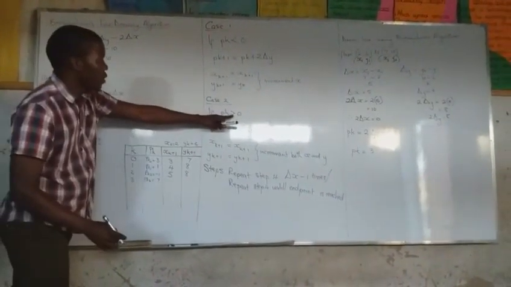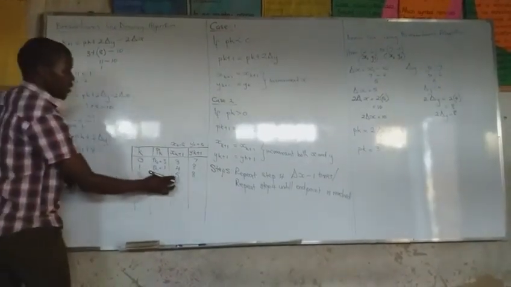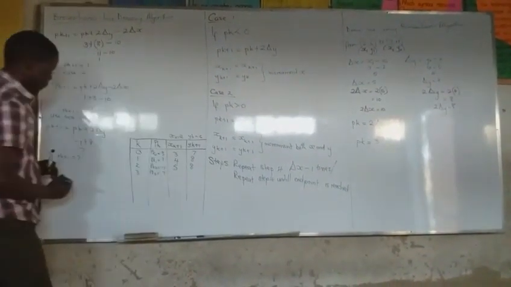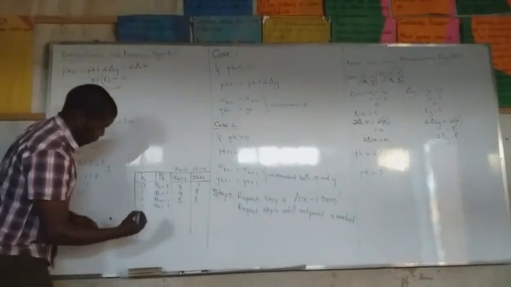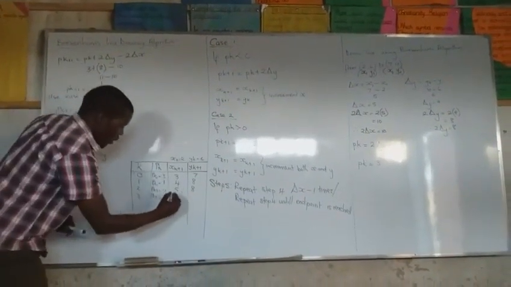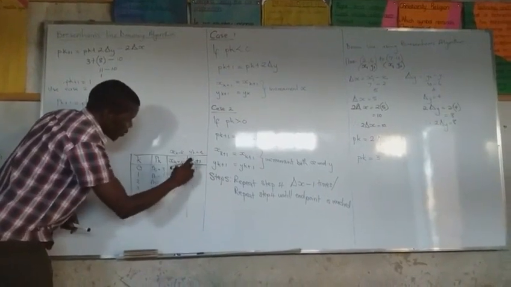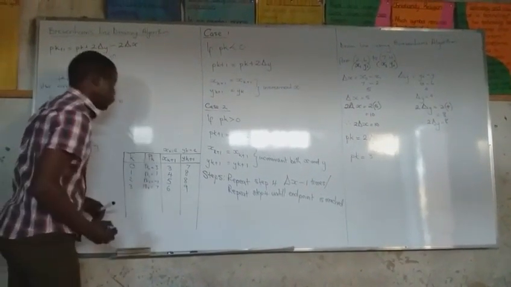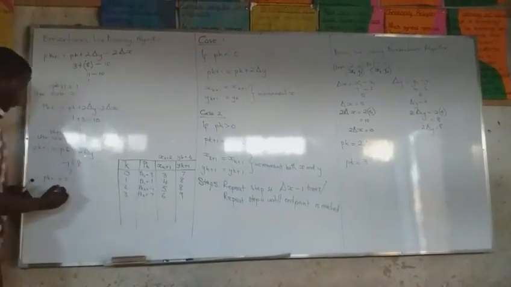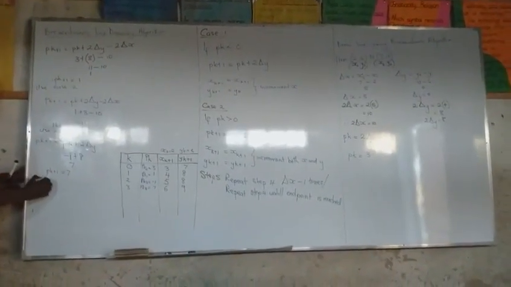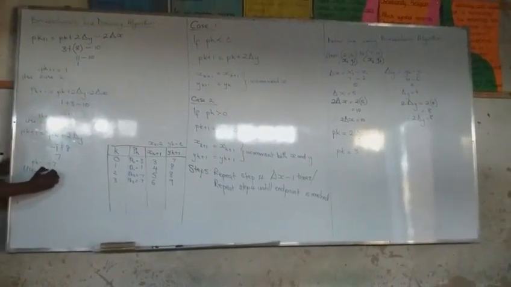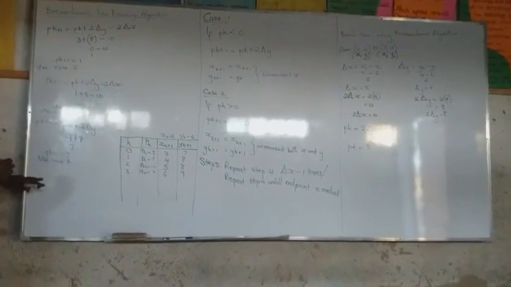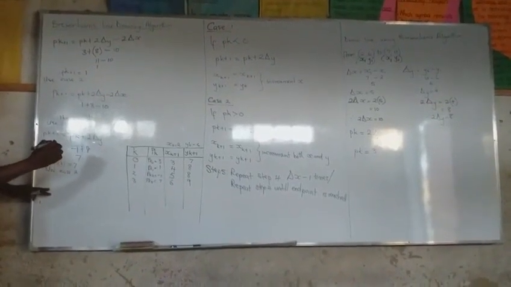So we use case 2 to update the next coordinates for x and y. So here we have 5, we update 5 plus 1, 6, and 8 plus 1 is 9. So we use case 2 here to calculate the next decision parameter.